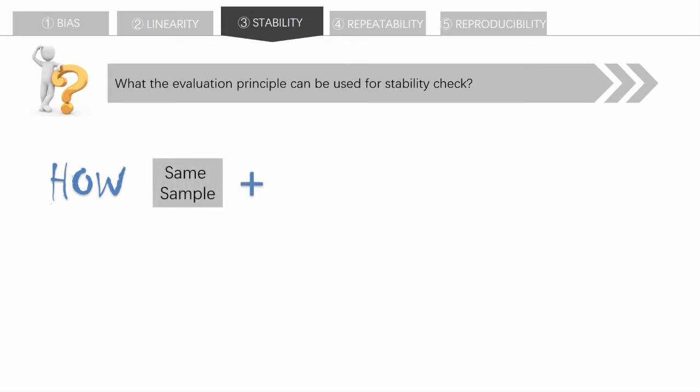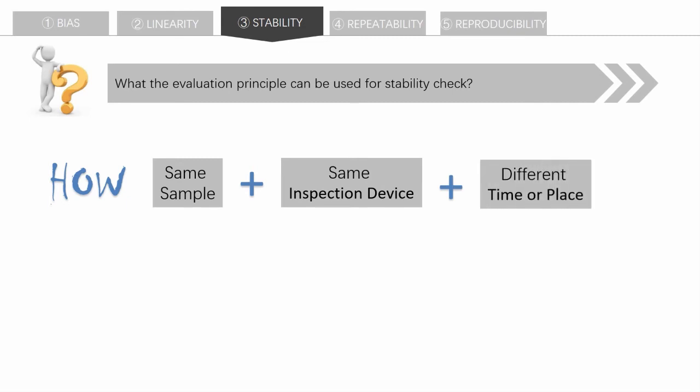We use the same sample and the same inspection device, with only a different time or different place. For example, we use a caliper to inspect one particular part and record the inspection data by week, continuously recording for more than 1 or 2 months. Secondly, about when we use a stability check.